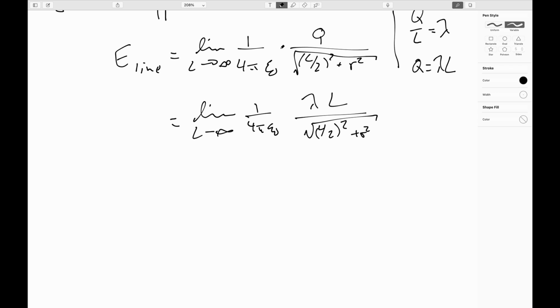And this is an infinity over infinity thing. And so you will have to use L'Hopital's rule to obtain the limit. And I will just say that when you do, you get that the electric field due to an infinitely long line of charge is 1 over 4 pi epsilon naught, 2 lambda over r.